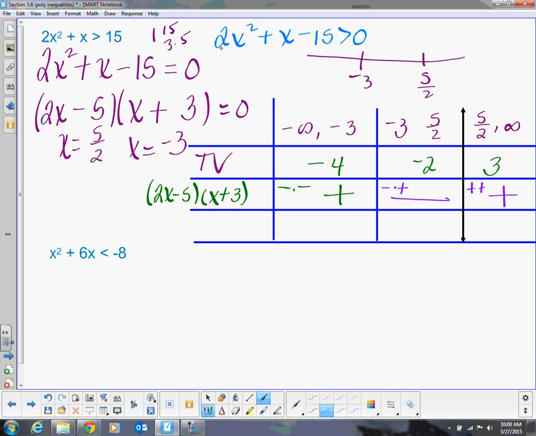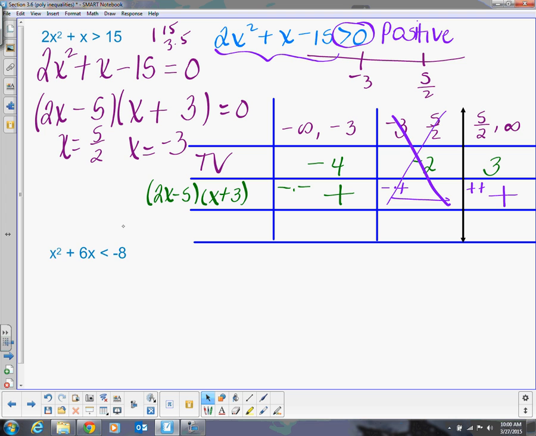All right, so we want these numbers to be greater than 0. What does that mean? Can't be below. That means positive, correct? So that means that doesn't work.